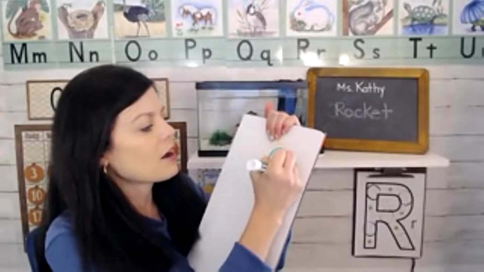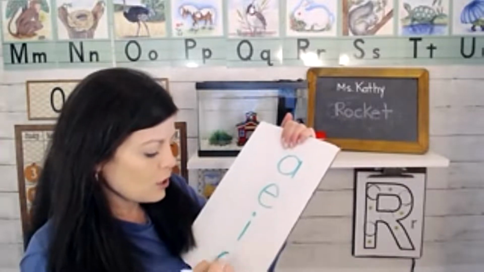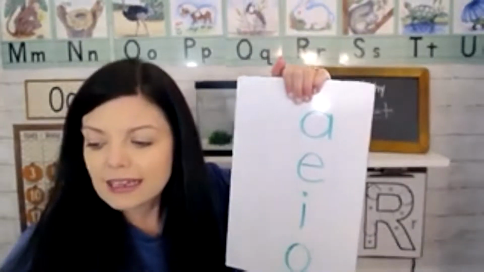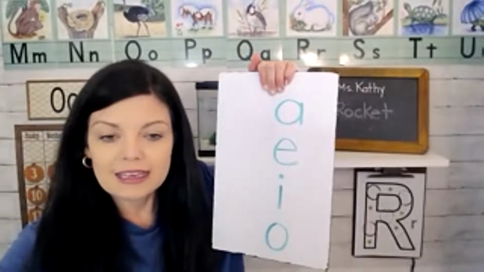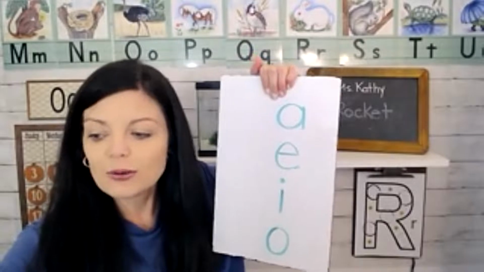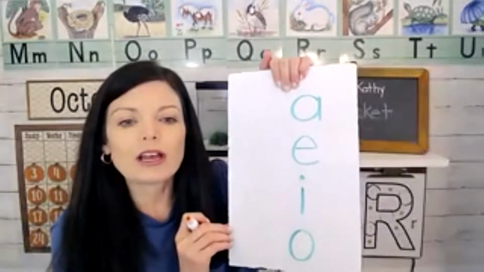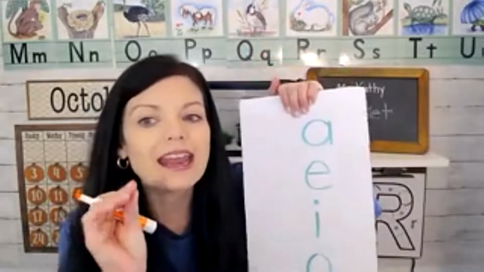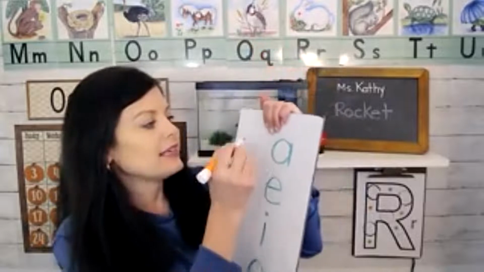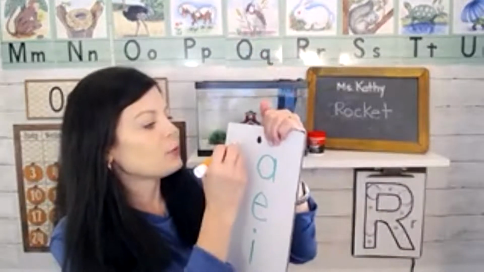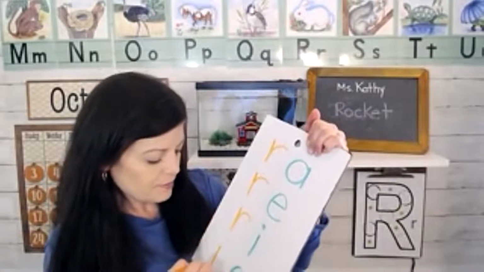The vowels are A, E, I, O, U. These are the vowels. Now we're going to use these vowels. We're going to add a new one this week when we do letter U, but so far we've learned these in session 2.